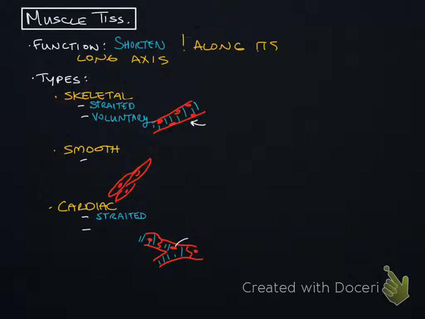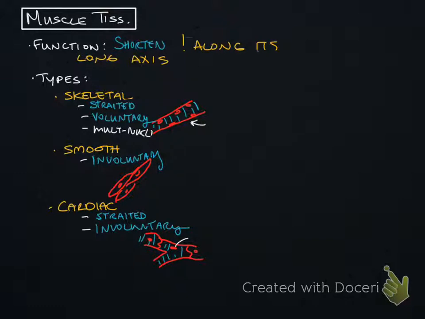So smooth and cardiac are involuntary, meaning we do not think to contract them. Skeletal muscle has multiple nuclei. So it has many nuclei per cell, whereas the other ones only have one nucleus per cell.